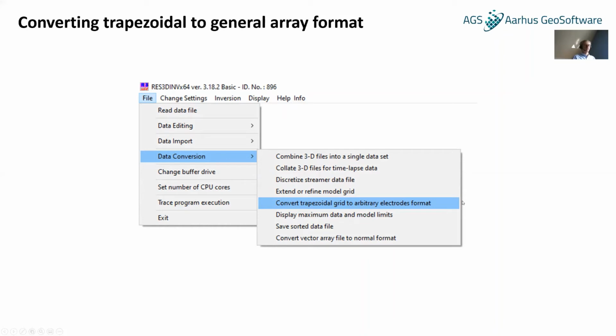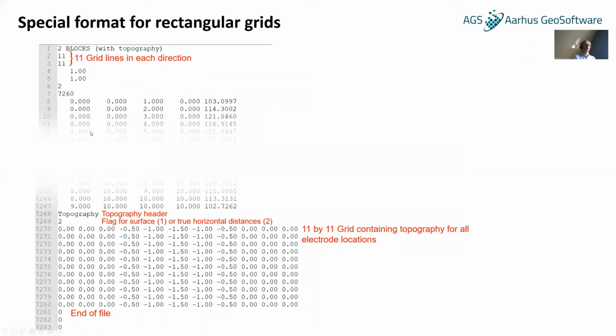Once you have selected that, you will be asked where you want to store your DAT file, and then it will be stored in the general array or the arbitrary electrode format. You can then reload the DAT file, and then you can add the topography in the way I just showed you. So now I'll go on to talking about some of the other options.